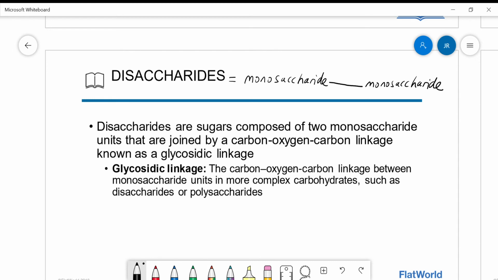Okay. The bond here is a glycosidic linkage. And there's different carbon atoms that can be involved in the glycosidic linkage.